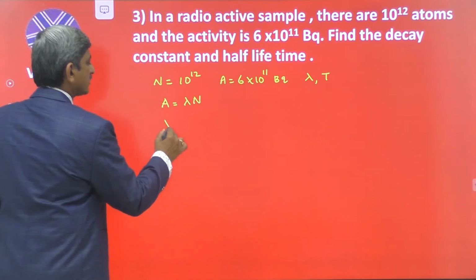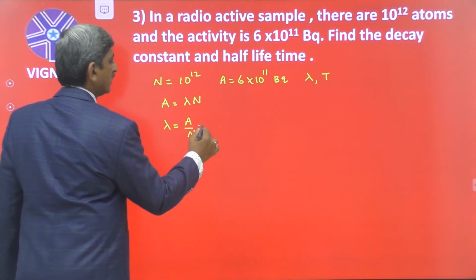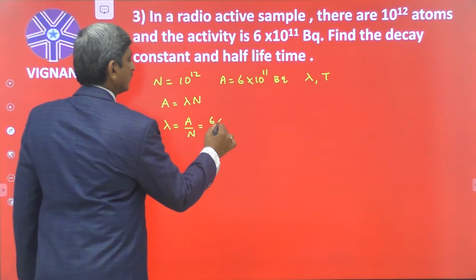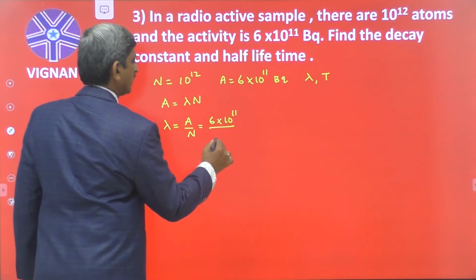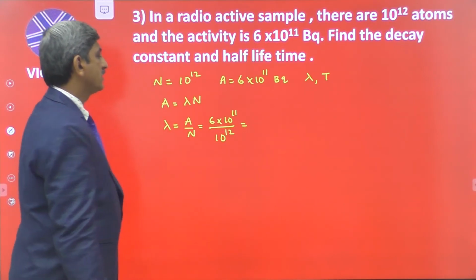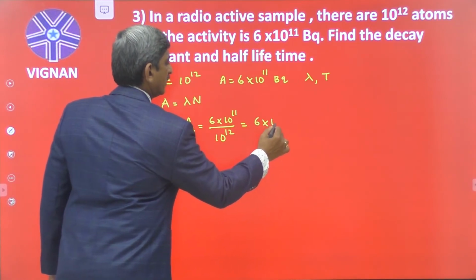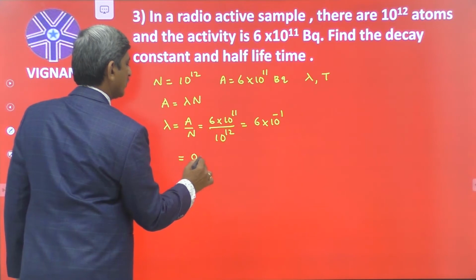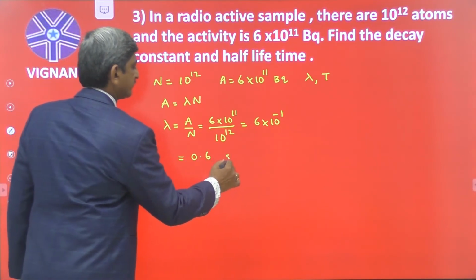From this, the decay constant lambda is equal to A by n. This is equal to 6 into 10 to the power of 11 divided by 10 to the power of 12. This is equal to 6 into 10 to the power of minus 1, that is equal to 0.6 second inverse.